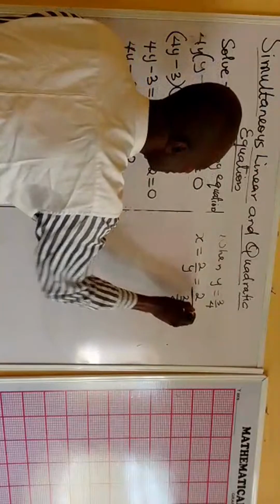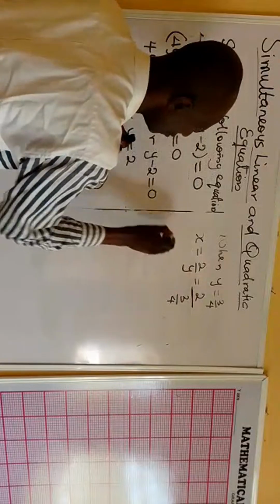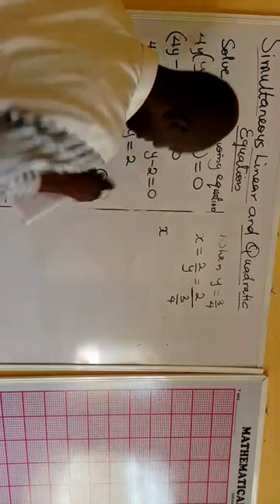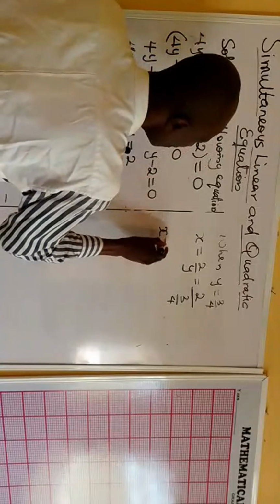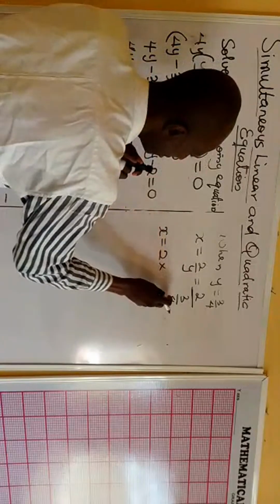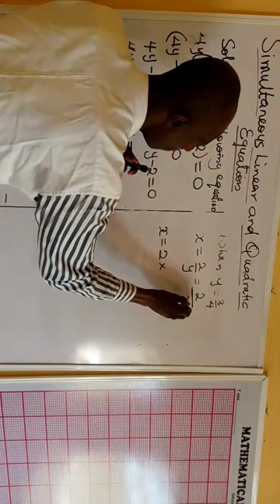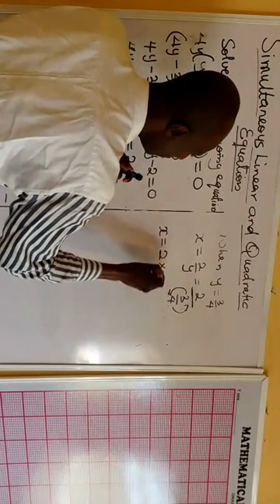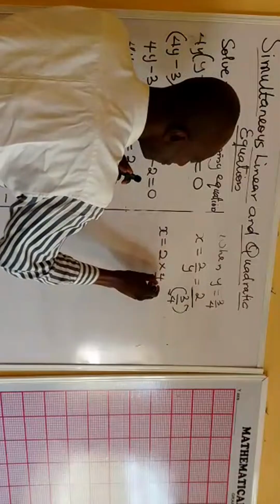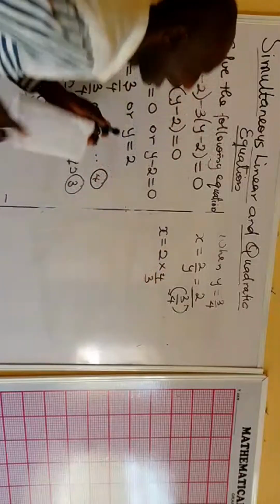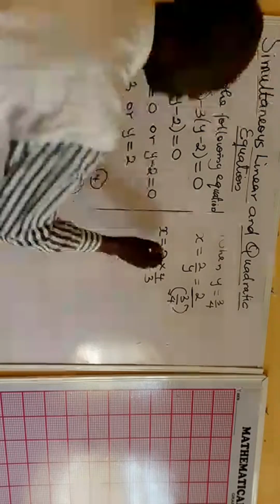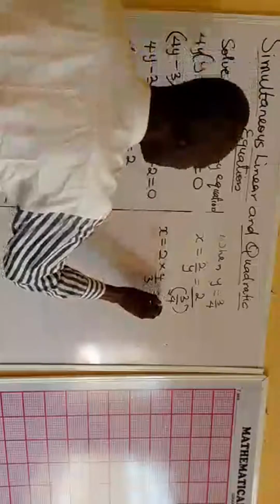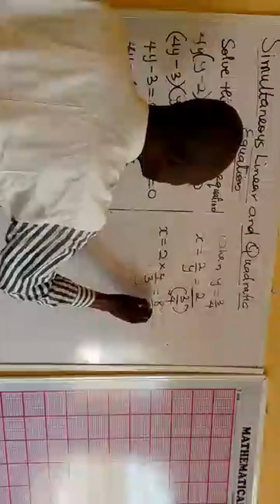Now, this is a division sign. I want to change it to a multiplication sign. It will be 2 times, this 4 will go up and this 3 will come down, times 4 over 3. And when you multiply it, it will give you 2 times 4 is 8 over 3.